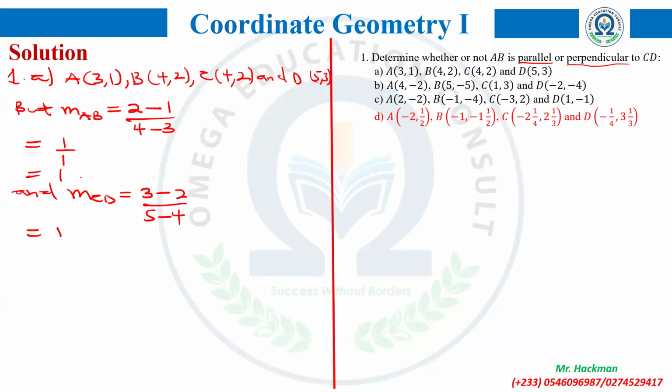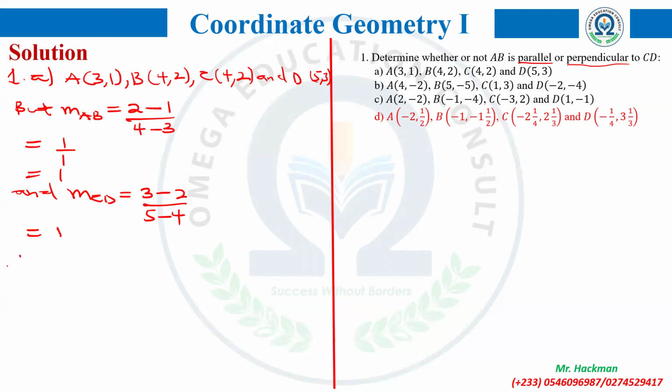At this point, if the gradients are the same, it means the lines are parallel; if the product gives you -1, they are perpendicular. MAB is 1, MCD is 1. So are the gradients the same? Yes. Once they are the same, you know the obvious conclusion.